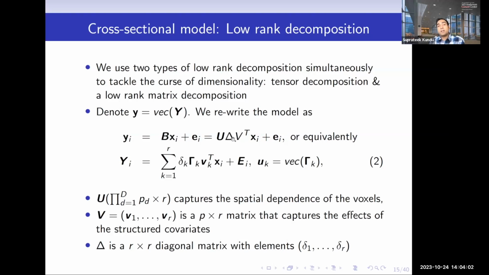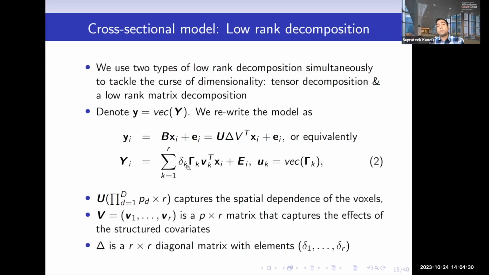Delta is a diagonal matrix. U and V are non-diagonal matrices. And this can be equivalently written as this sum. So the tensor Y can be expressed as a sum of gamma k's, which is a tensor, times these other coefficients. So these are all unknowns. Delta k's are unknowns, gamma k's, these are tensors, they are unknowns, v_k's are unknowns as well.